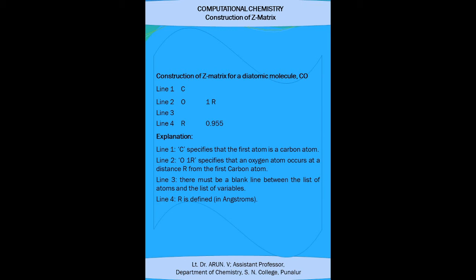Line 2, O 1 R, indicates that an oxygen atom occurs at a distance R from the first carbon atom. Line 3 is a blank line. There must be a blank line between the list of the atoms and the list of the variables. Line 4 is written as R, and R is defined in angstrom, that is, 0.955 angstrom.